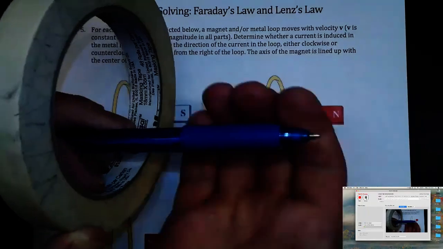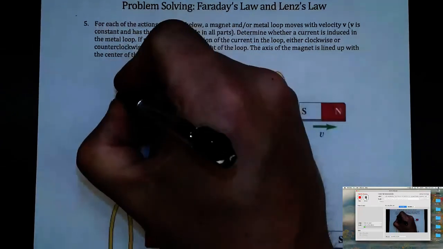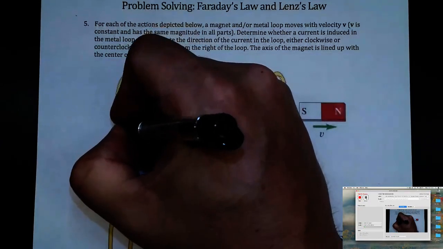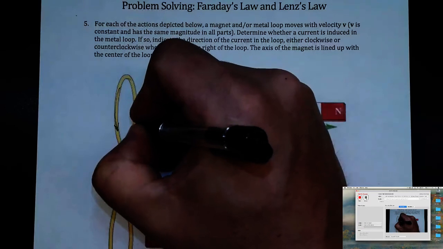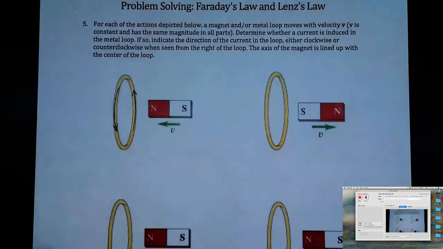And in doing so, there's going to be current flow that goes down in the front of the ring and up in the back, or in this perspective that's drawn here, I guess we would say counterclockwise around this ring.